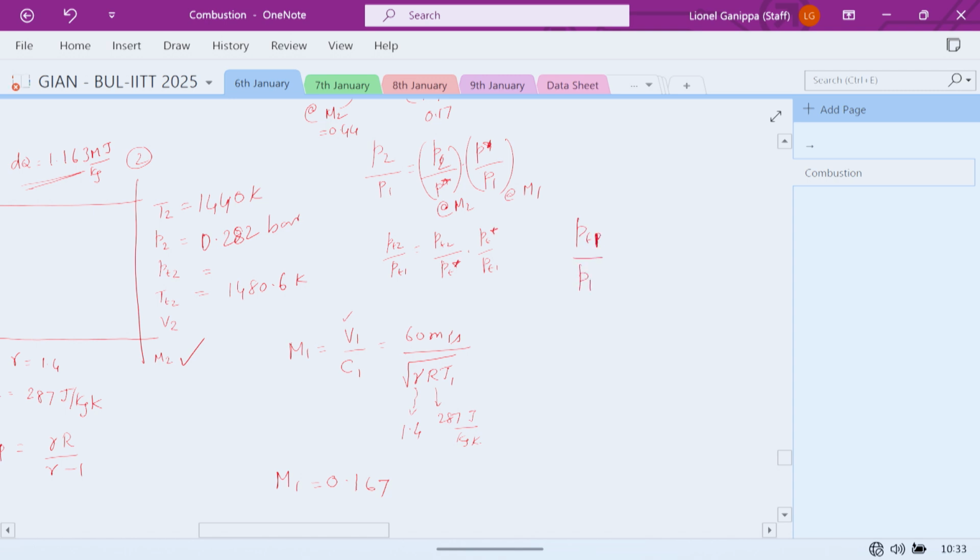PT1 by P1 is equal to 1 plus (gamma minus 1) by 2 M1 square, power gamma by gamma minus 1. So that is the relationship between the local and stagnation.